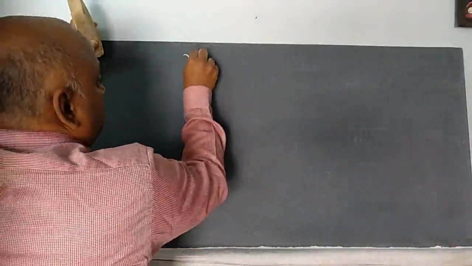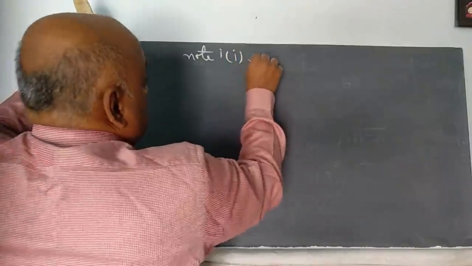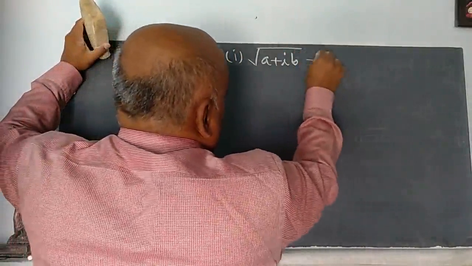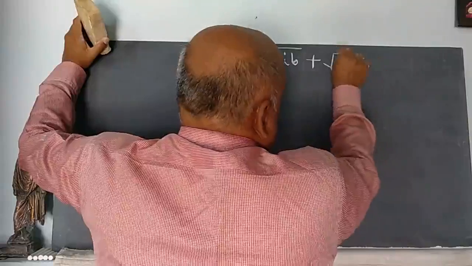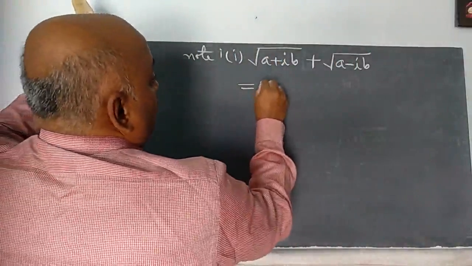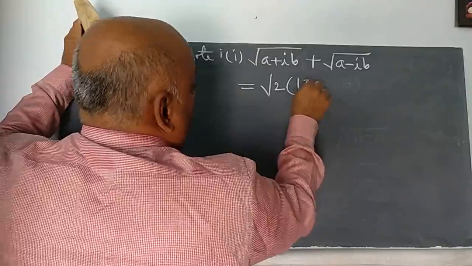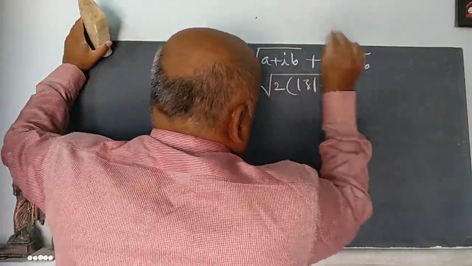Note. First point: the square root of a plus ib plus the square root of a minus ib is equal to the square root of 2 into (mod z plus a).